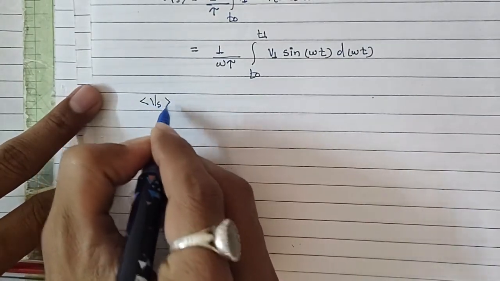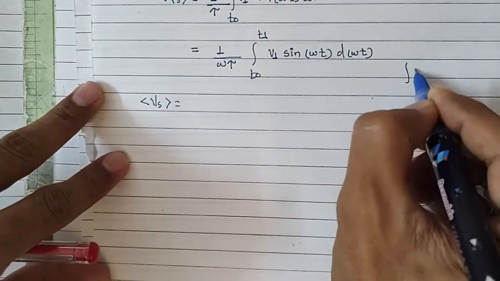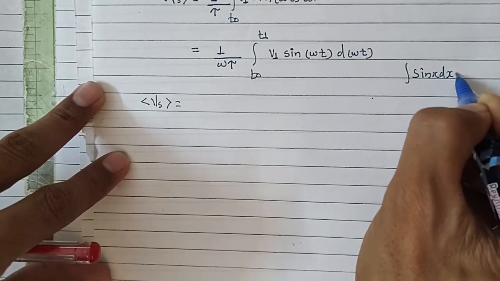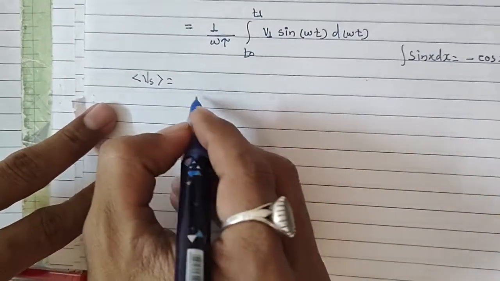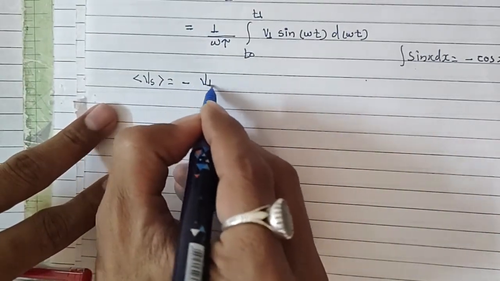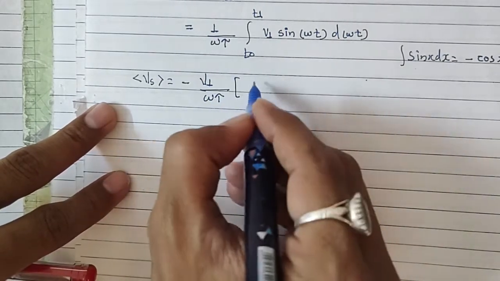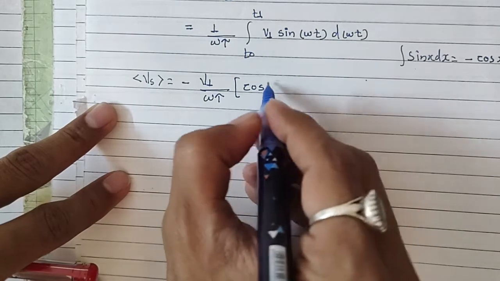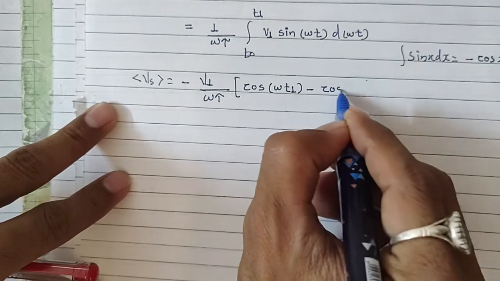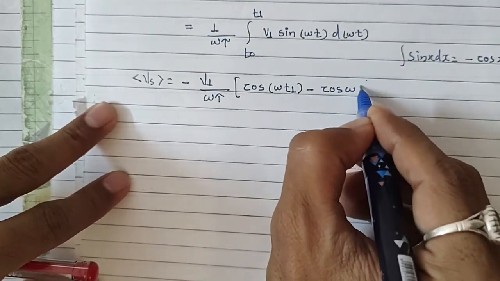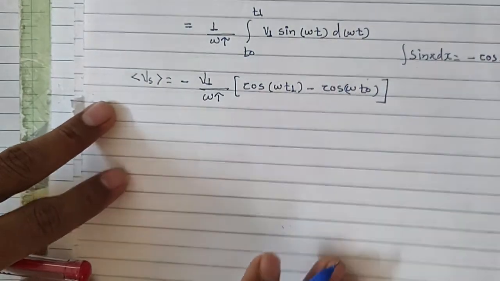Integrating, the integral of sin x dx is minus cos x. So Vs is equal to minus v1 over omega tau, the constant out of the integration, times cos omega t1 minus cos omega t0, putting the limits. So we have taken the integration.